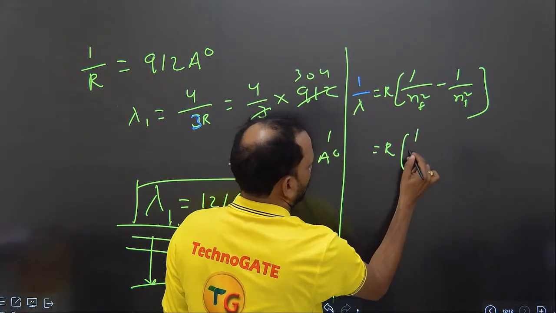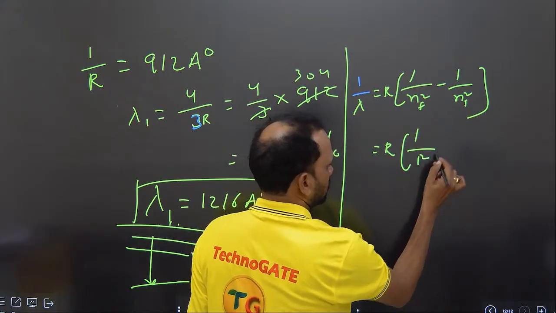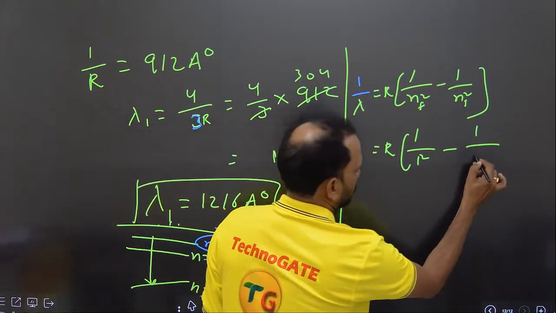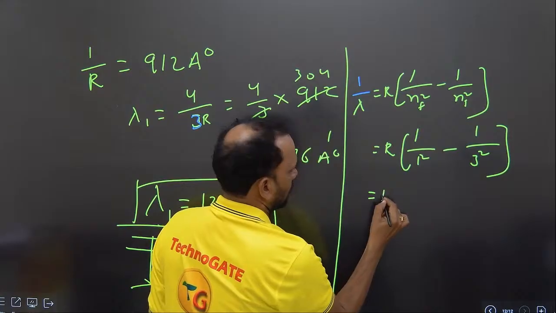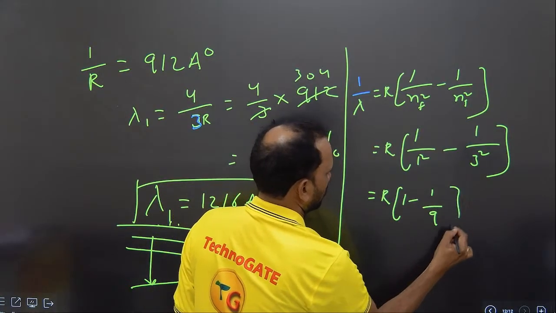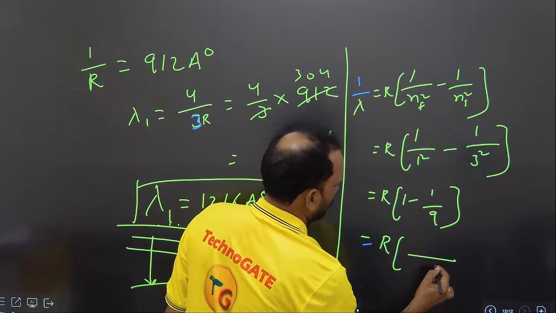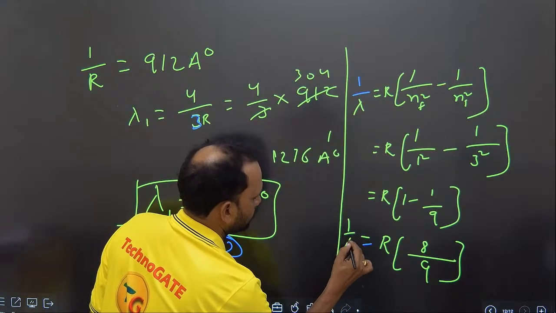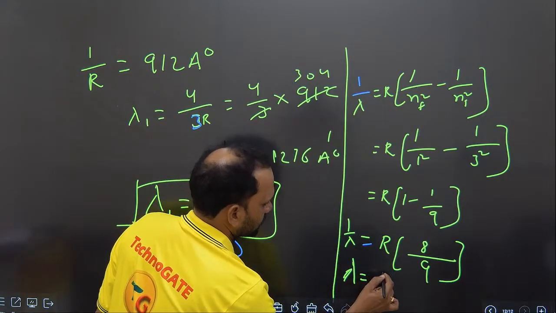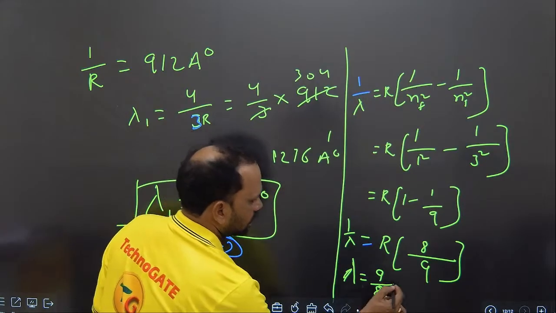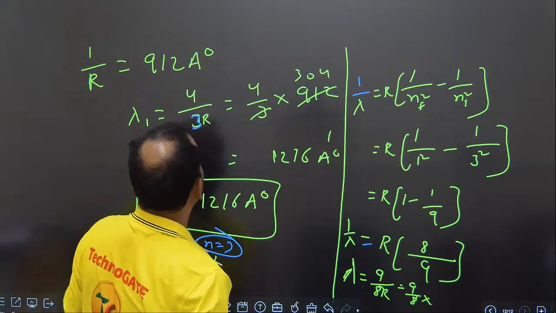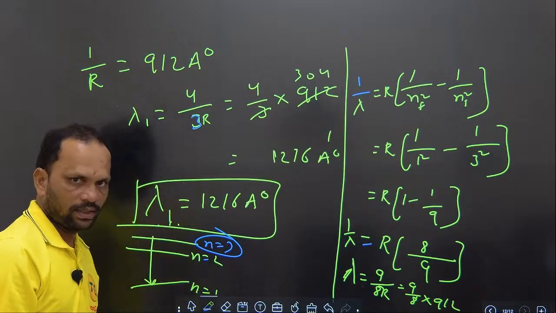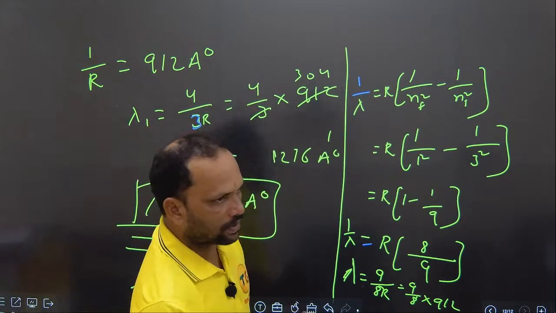Final is the ground state, 1, minus 1 by 3 square. So R into 1 minus 1 by 9, that is R into 8 by 9. Then lambda is the reverse, 9 by 8R. Then 9 by 8 into 1 by R value, 912. Like that we have to find the second member, and like that the third member and fourth member.